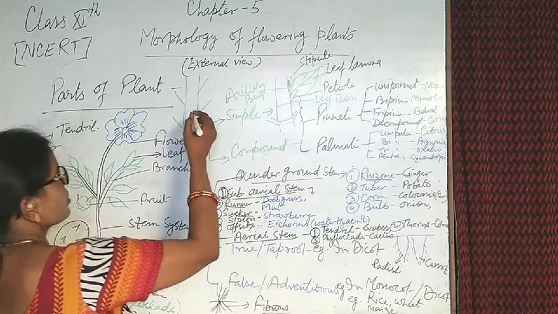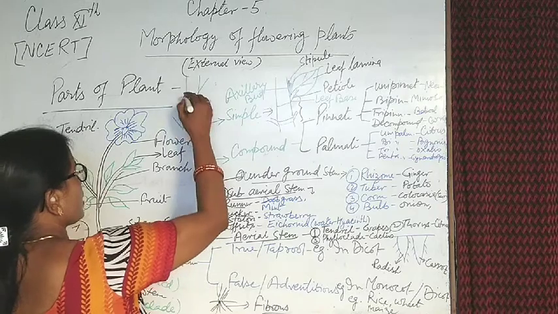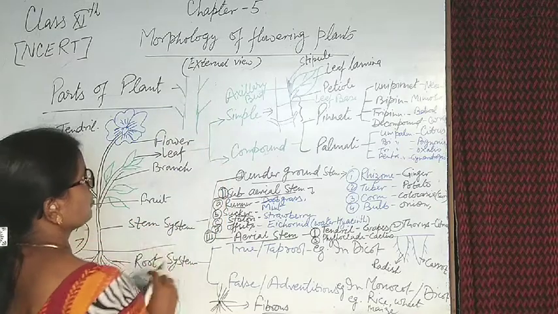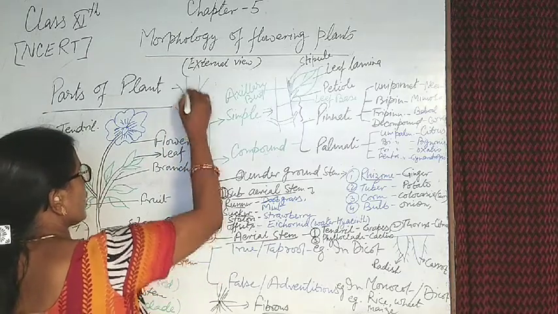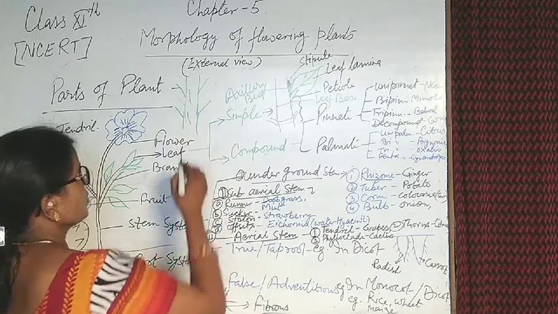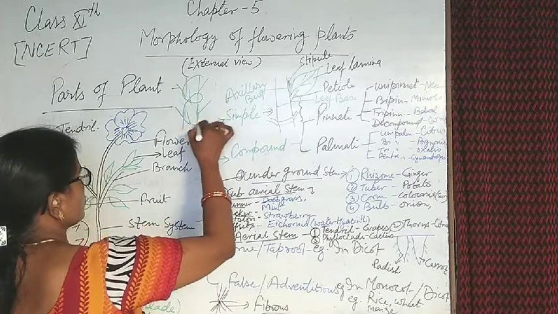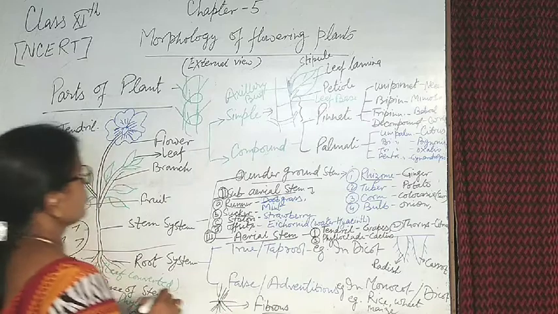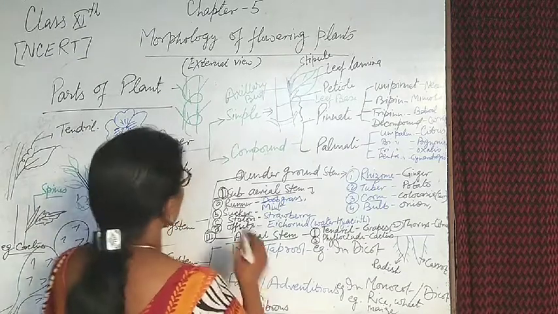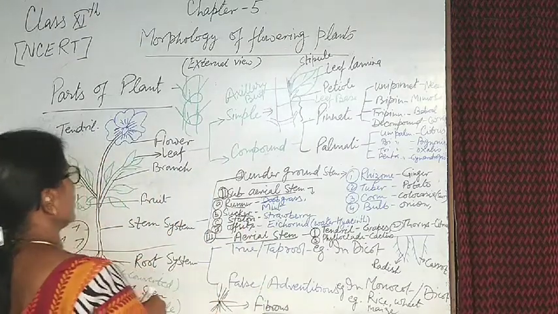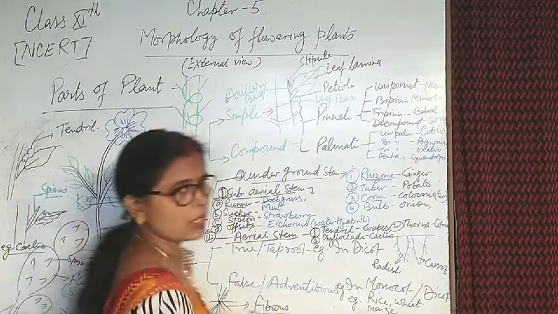The other is opposite, where leaves are arranged opposite each other. And the third one is whorl, a circular arrangement, as in mint or calotropis.